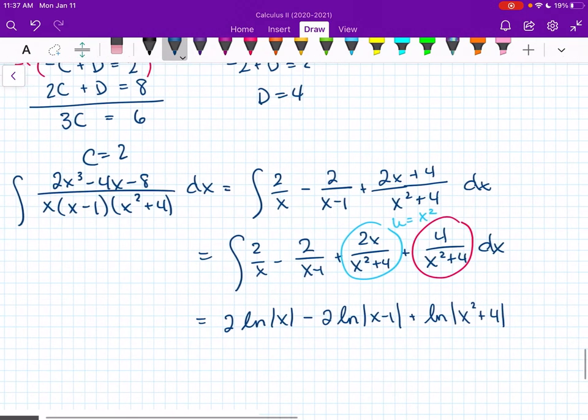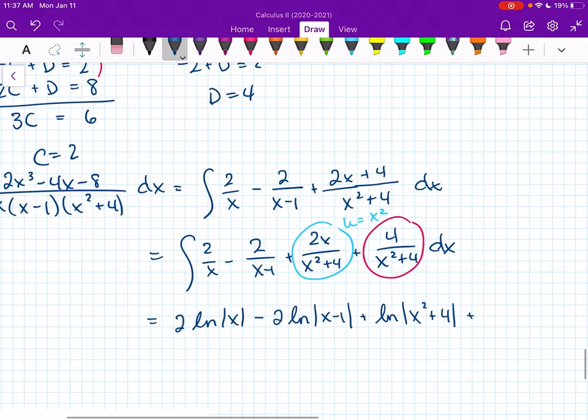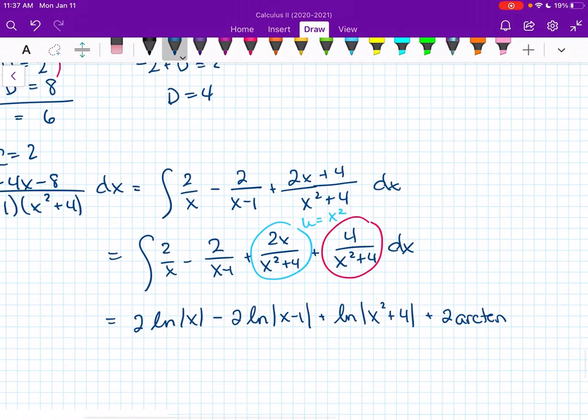So I don't have a coefficient on that one. And then that last term is arctan. If I look at the arctan formula, the square root of 4 goes in the front, so 2, and then arctan of x over 2. And then don't forget your plus c. Okay, so that is how we do that one.